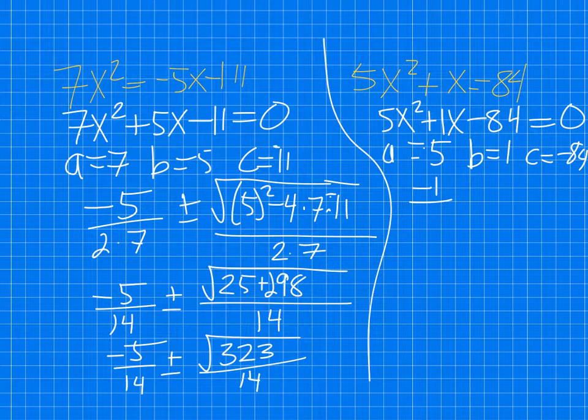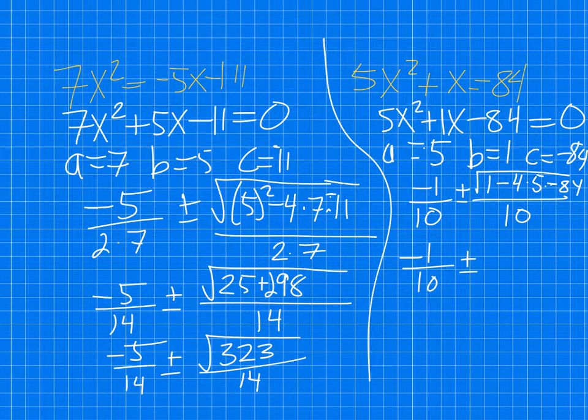So negative 1 over 2 times 5 is 10, plus or minus, that's going to be over 10 as well, the square root of 1 squared minus 4 times 5 times negative 84. Okay? So we get negative 1 over 10 plus or minus the square root of 1 minus 4 times 5 times negative 84.